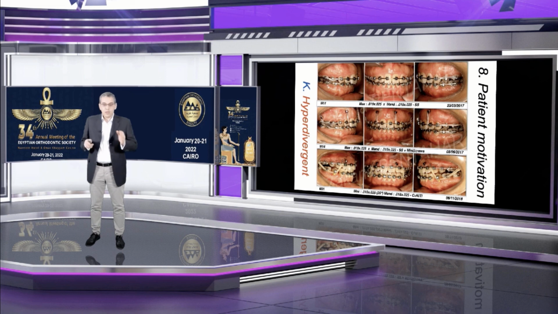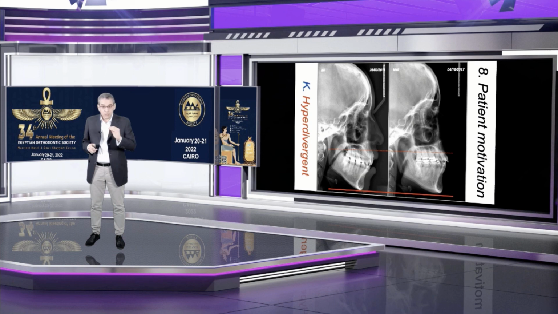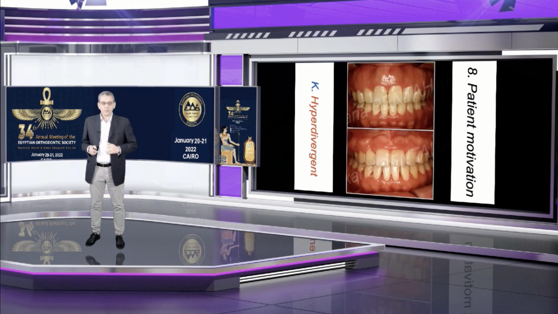We could intrude all the upper teeth. We have some small resorption on all the upper teeth, especially on the incisors. This is the occlusion after the intrusion of the upper teeth.